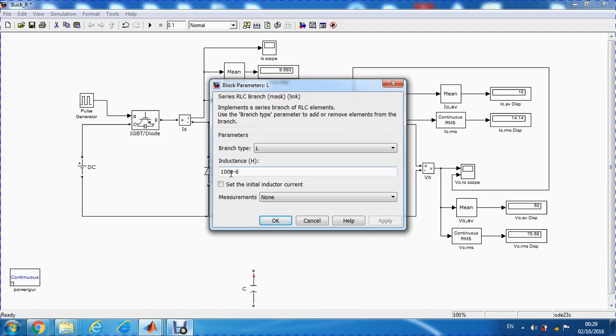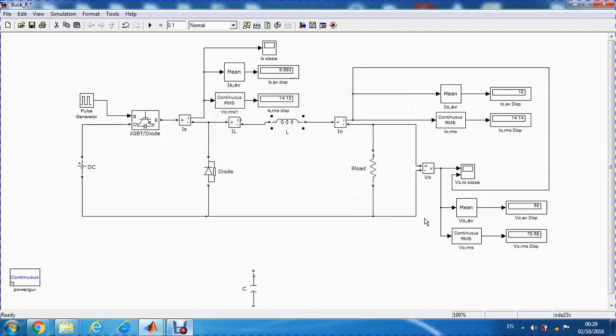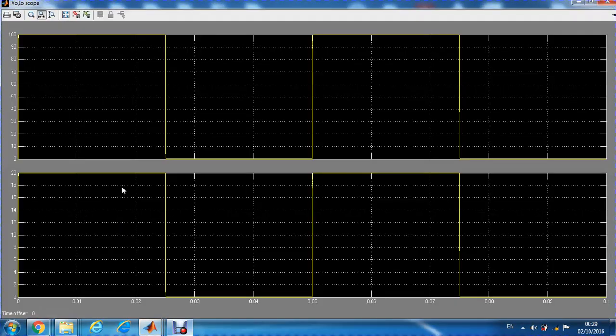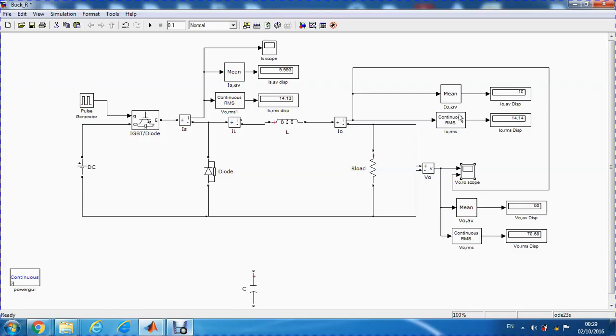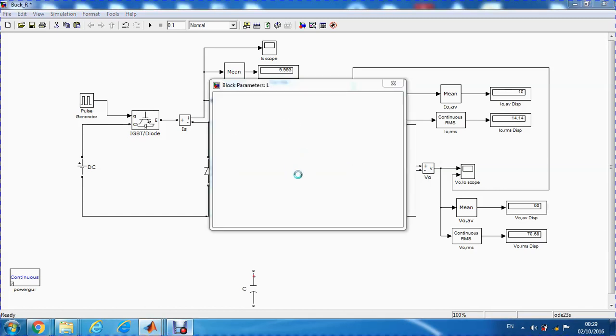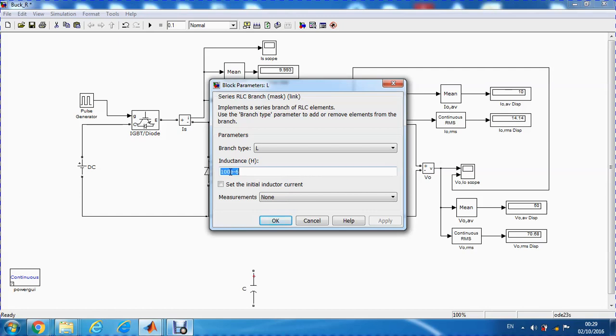The objective here is to minimize the ripple of the current, because if we go back and look at the current, we can see it goes up to 20 amps and back to zero, then again to 20 amps and back to zero. This is not going to be beneficial for any types of loads. So we need to have an almost fixed pure DC current, if we can achieve that. And one of the methods we can use is increasing the inductance value.